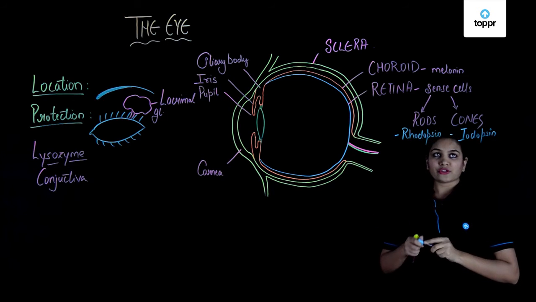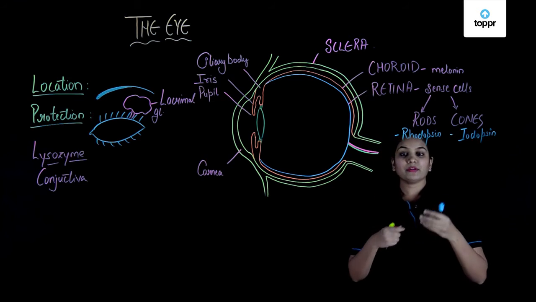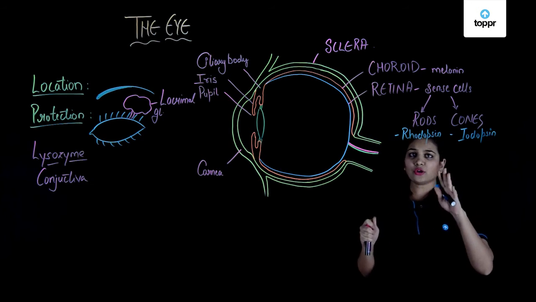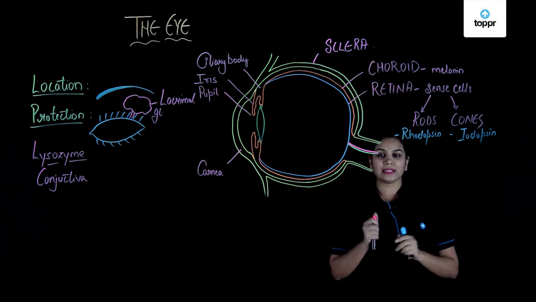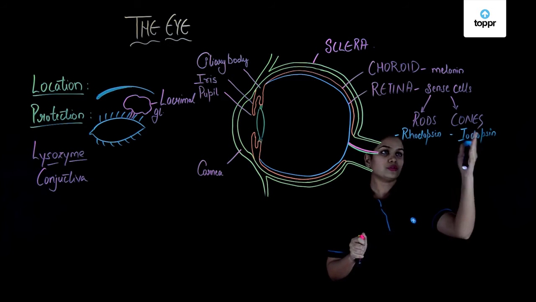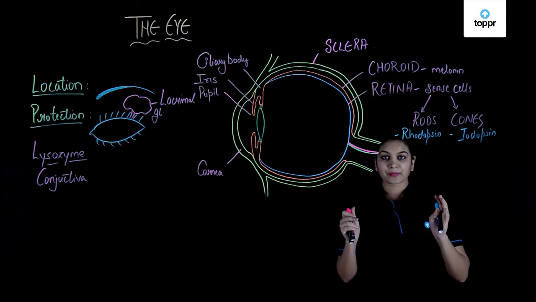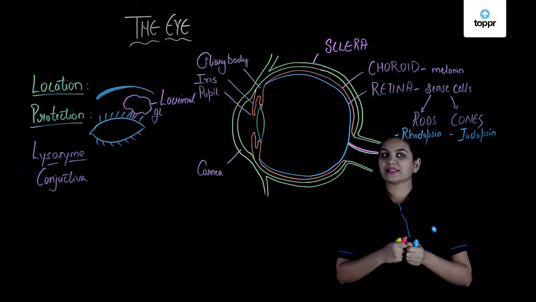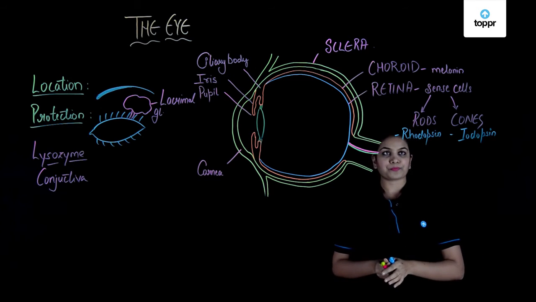Now coming to the functions, the rods are mainly related with vision in dim light, and they are not related with any kind of color vision. But cones are responsible for vision in bright light, and also for colored vision as well. So these are the pigments which help them in doing so.